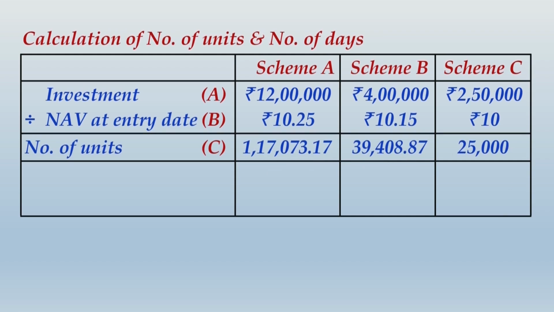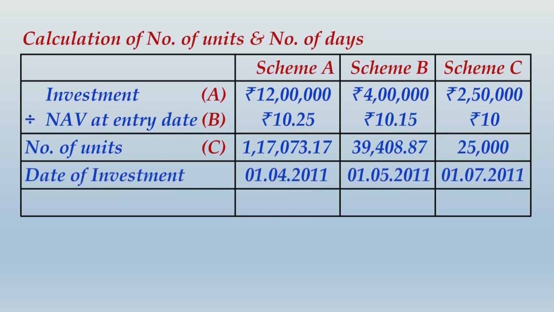So now this number of units once we have identified, the date of investment is given in the question and the number of days up to 31st July 2011 we will have to count. So number of days what we find is 122 days for scheme A. Look into one thing, how do you get this number of days? So you have made investment on 1st of April 2011, so you will count 30 days of April, you will count 31 days of May, 30 days of June and 31 days of July.